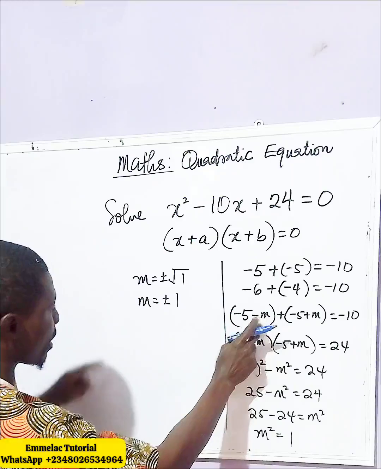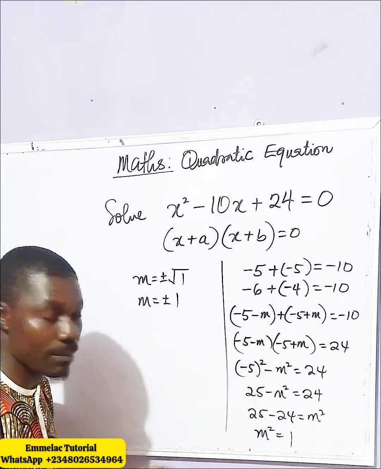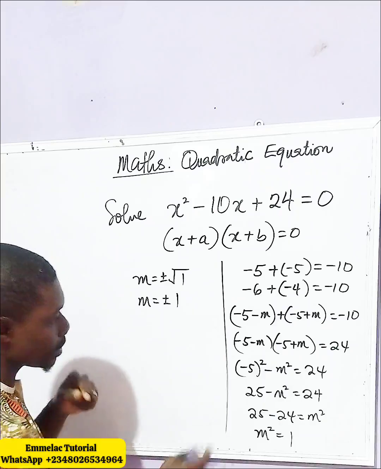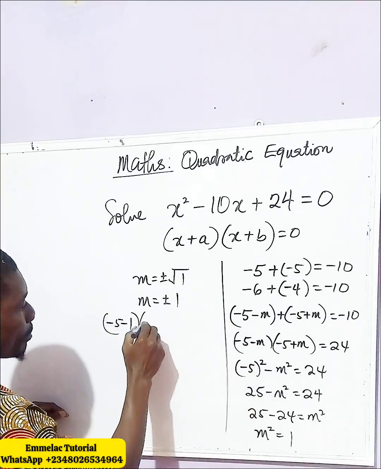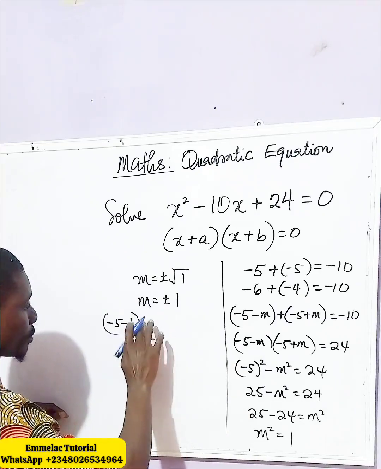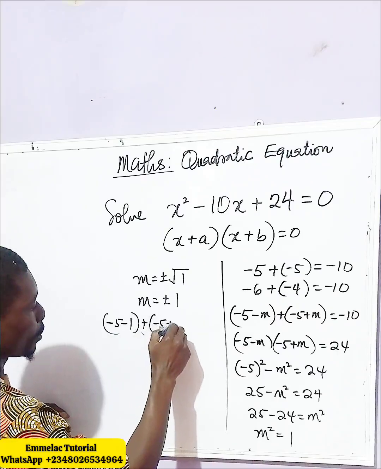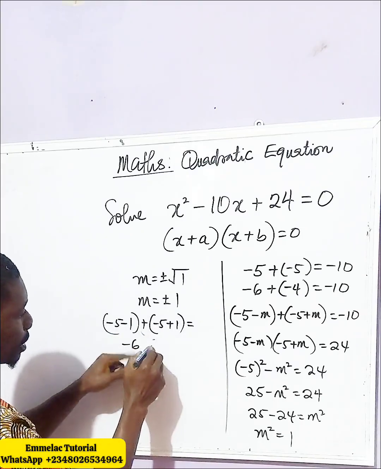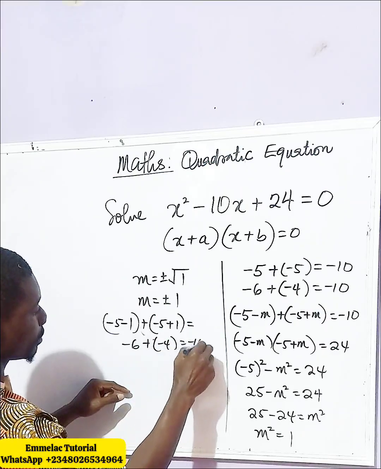So from here now, you can get the terms a and b. So here we have m, so you can either make use of the plus or the minus value. So I want to use the plus. So here we have -5 minus 1 plus -5 plus 1. So this will give us -6, now plus -4, which will give us -10, right?